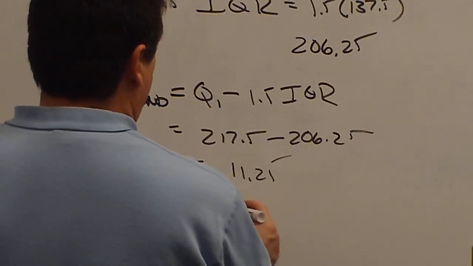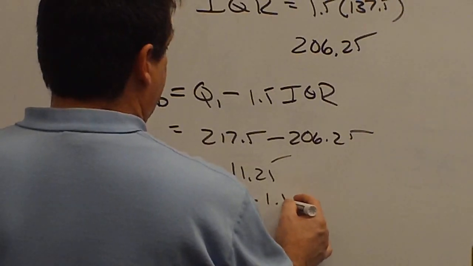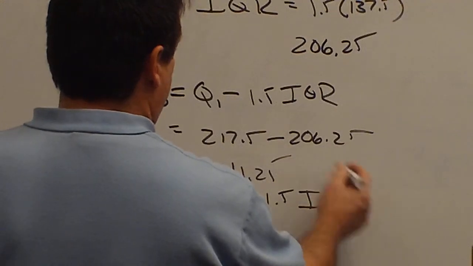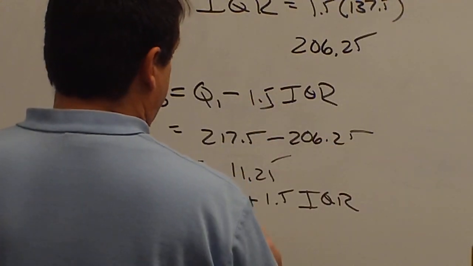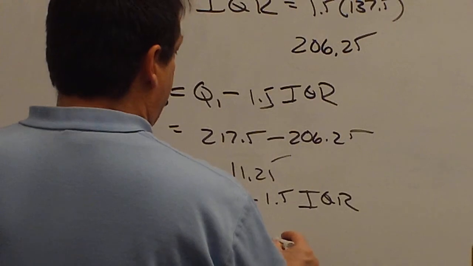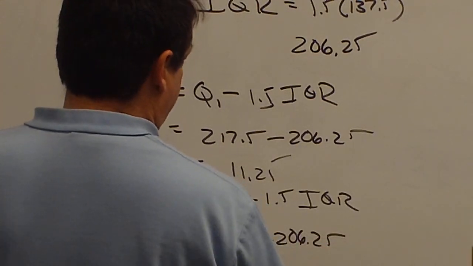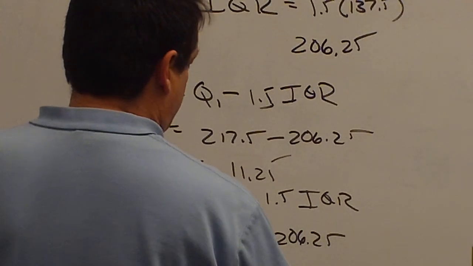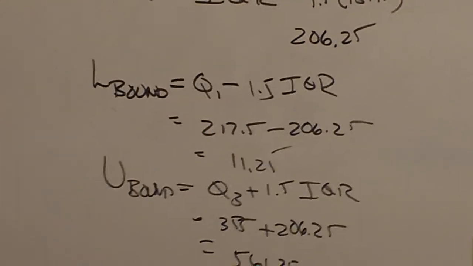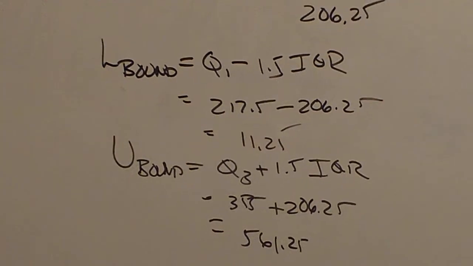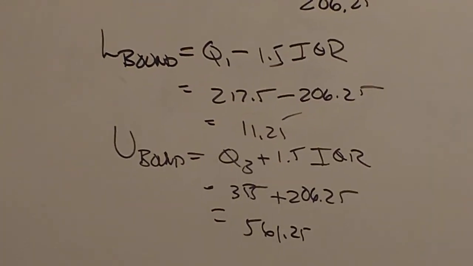This is Q3 plus 150% of the IQR. So this would be 355 plus 206.25, and that would be 561.25. Okay, so that's my lower bound and my upper bound on outliers, right?